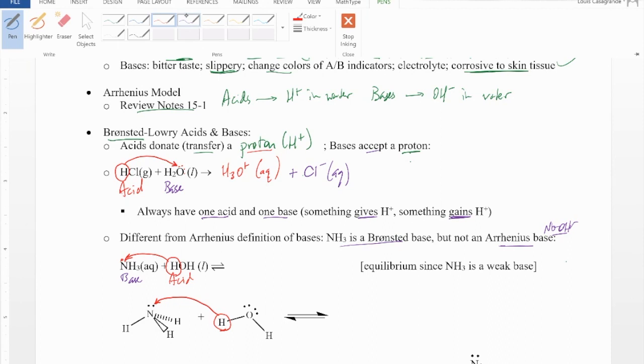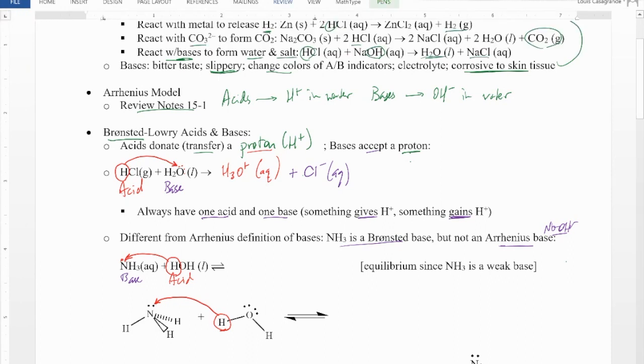When that proton comes onto the ammonia, it now becomes ammonium, NH4 plus. And so let's draw that structure down below. It's tetrahedral. I believe we saw ammonium in our studies of Lewis structures. So it now becomes the ammonium ion.